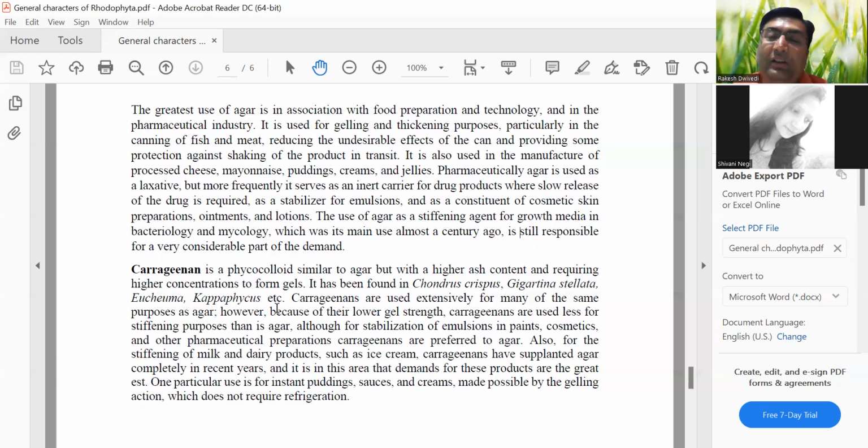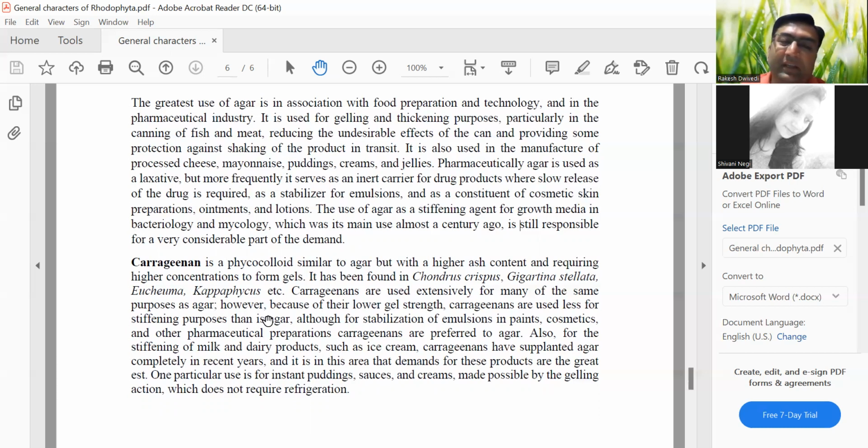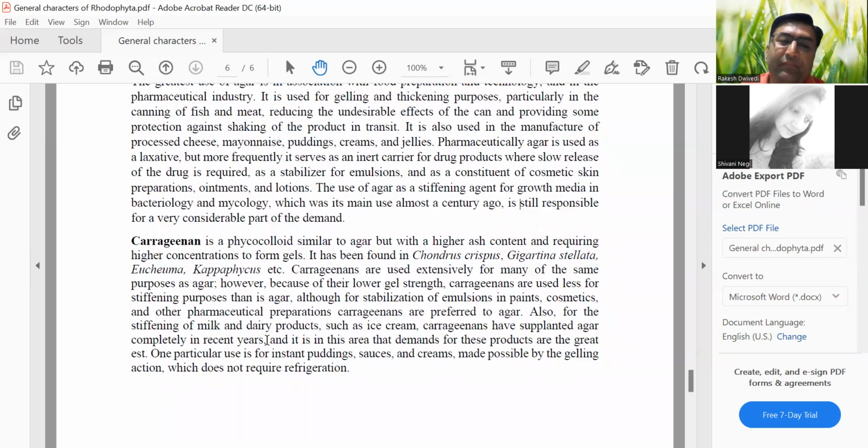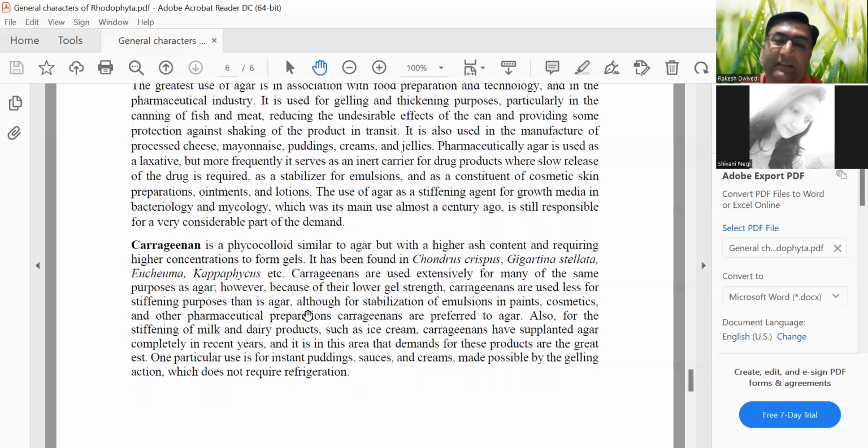So in all these industries that we discussed for the agar, carrageenan has substituted the agar because of its lower cost and high availability. It is used in medicine industry, canning industry, making ice cream, puddings, and as a thickener, stabilizer of emulsion of the paints, cosmetics, and all these things.